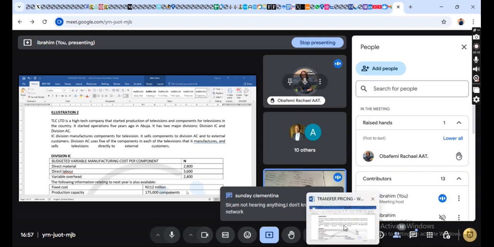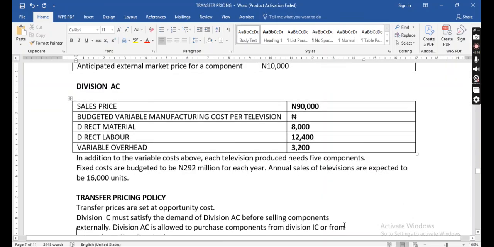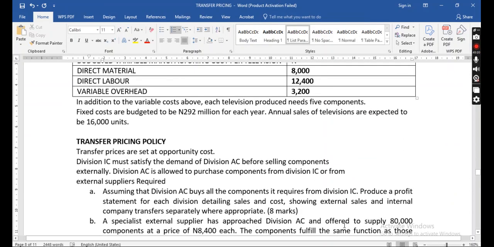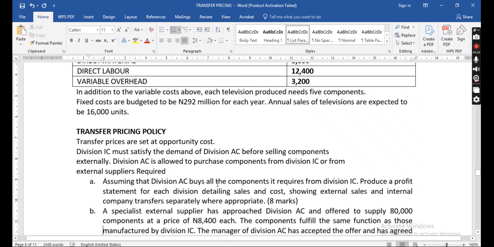Now, let's quickly look at this question. Transfer pricing policy: transfer prices are set at opportunity costs. Can you see it? Transfer prices are set at opportunity cost.